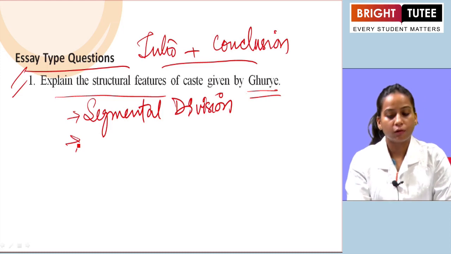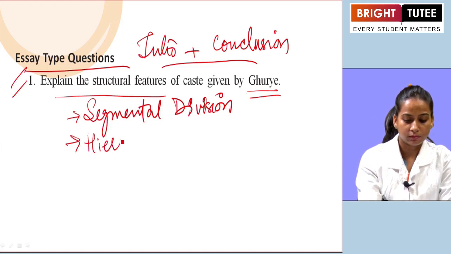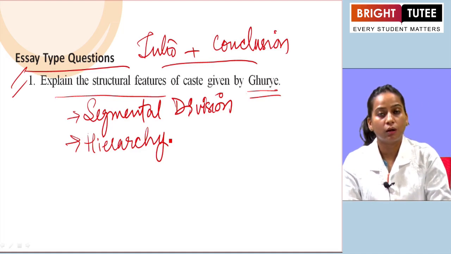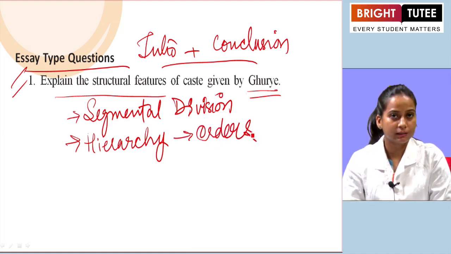The second feature of this structural caste we can take here, hierarchy, according to which the orders are arranged in the caste system.